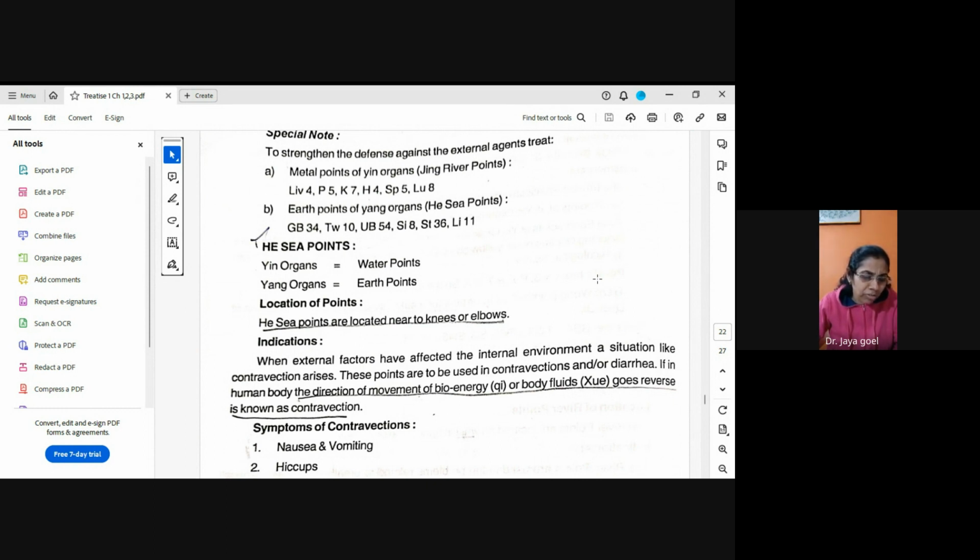To strengthen the defense against the external agents.